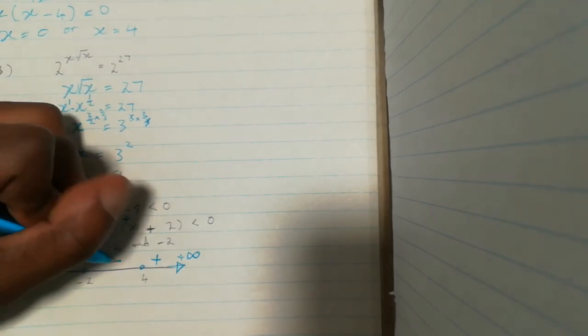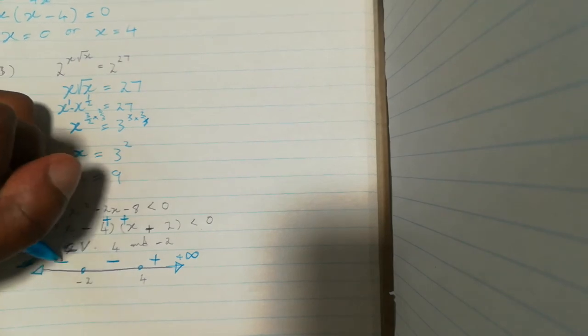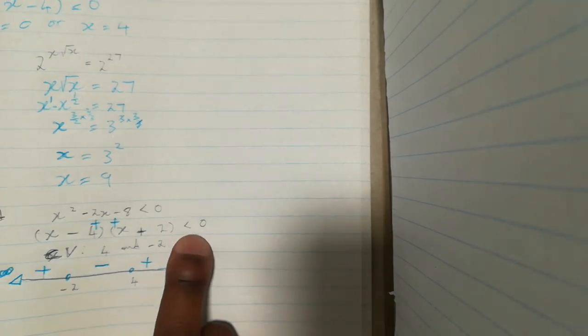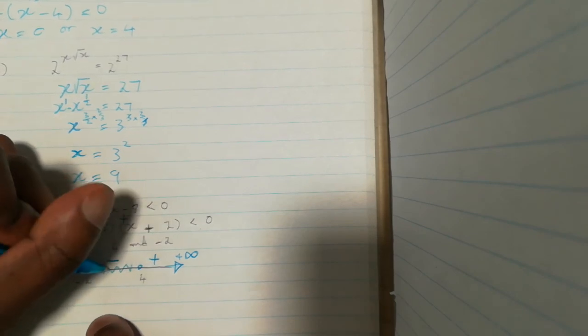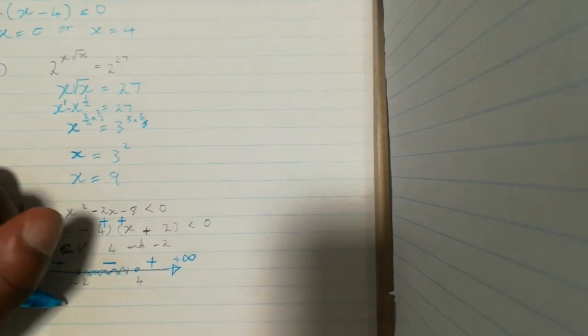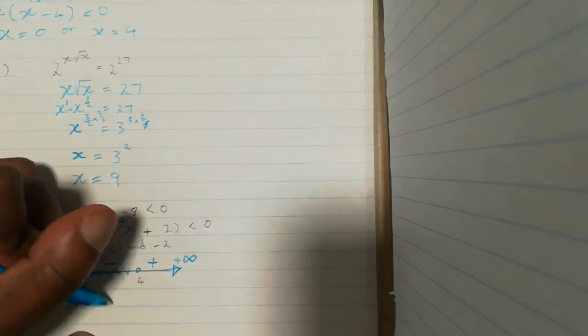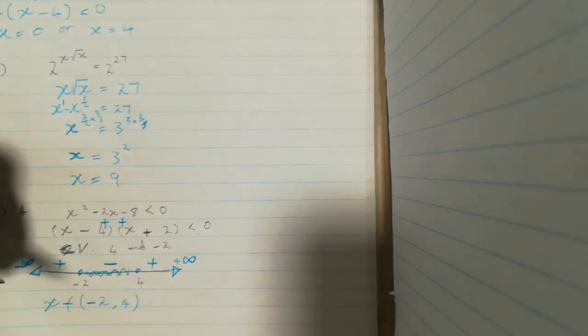You mirror it here and you mirror it here. You change the signs. So this inequality question is telling us that we must look where it's less than 0, which is in this interval, where it's negative. So this means that x should be an element of all numbers that are between negative 2 and 4.